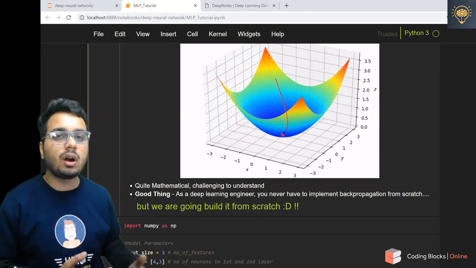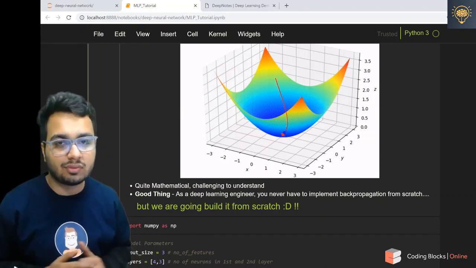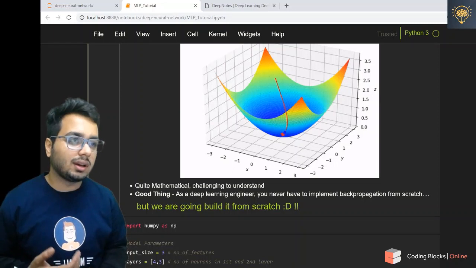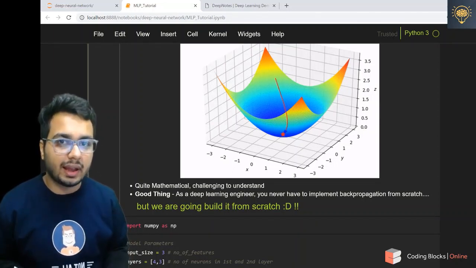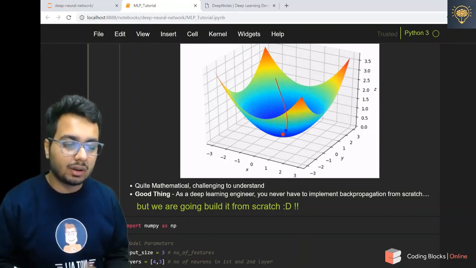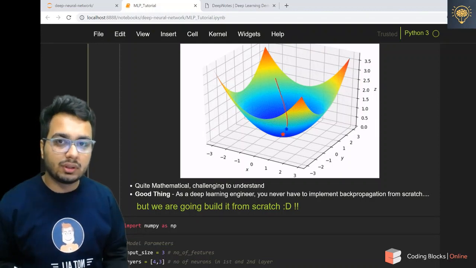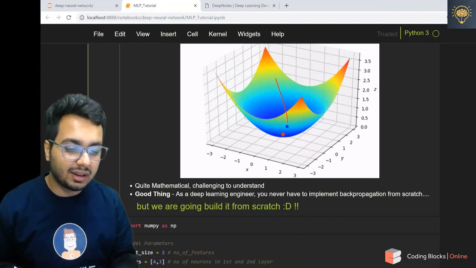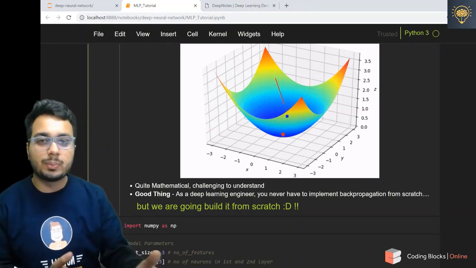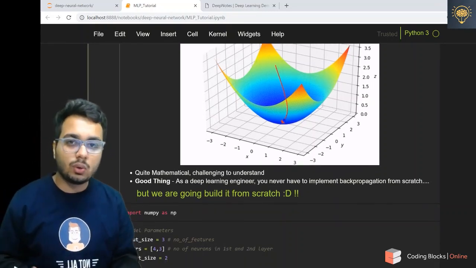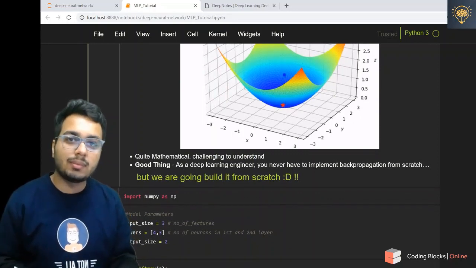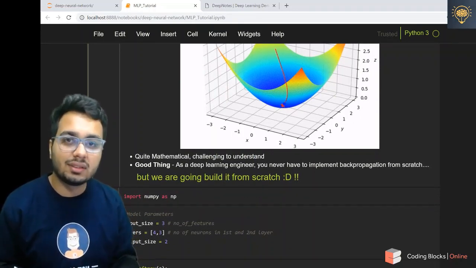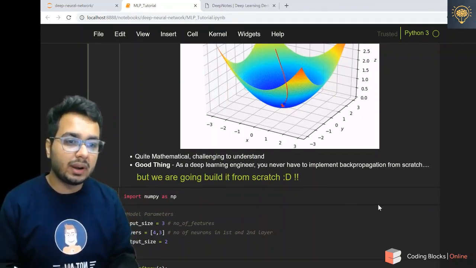But even if you are not able to get the entire thing, it's fine, because what you need is actually just the forward pass. The backward pass can be computed using mathematical libraries, but we are going to build it from scratch. The whole purpose is to teach you how the backpropagation algorithm came and how complex derivatives are being performed, right?